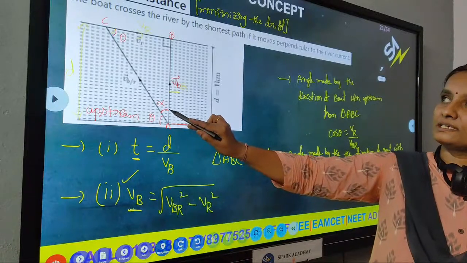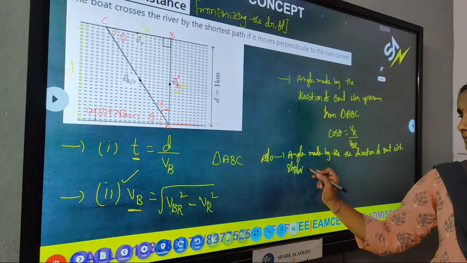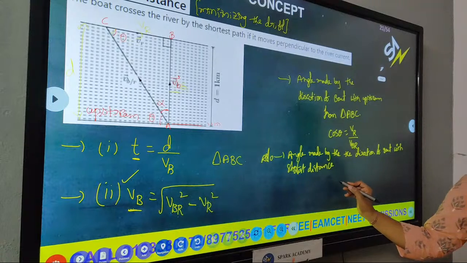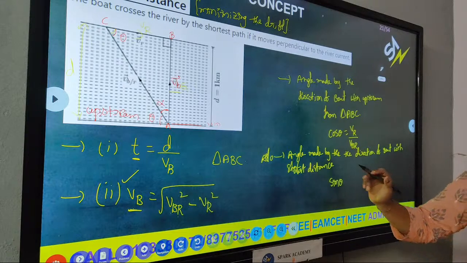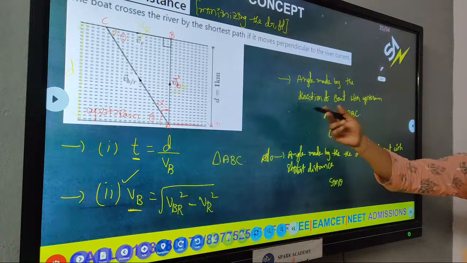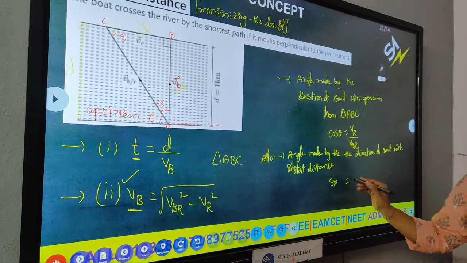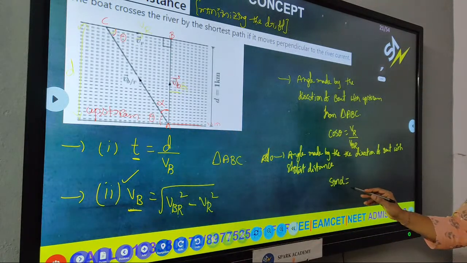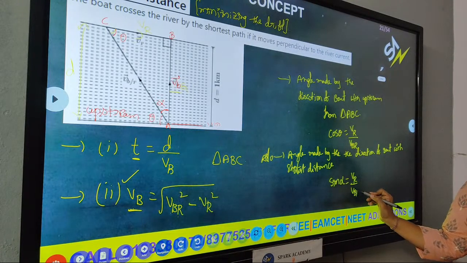With the shortest distance means reaching the opposite bank. The river flow is opposite to that angle, so we need to consider alpha, because here the angle made is alpha. So sin alpha is also the same, VR by VBR.